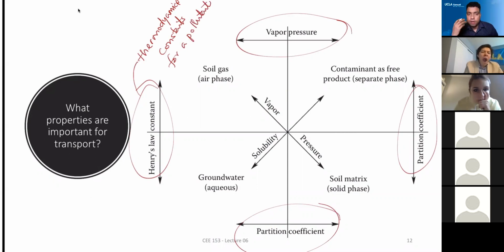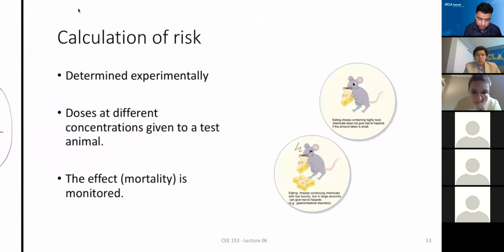If you know these constants, you will be able to calculate how far they could migrate, or how far they could be present in that system. These will be part of the following classes, week 4 onward, just so that you have a picture of where we are going in this class.